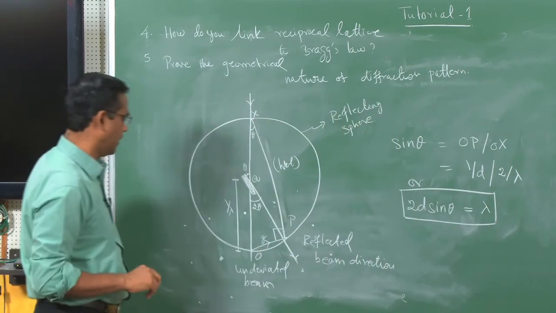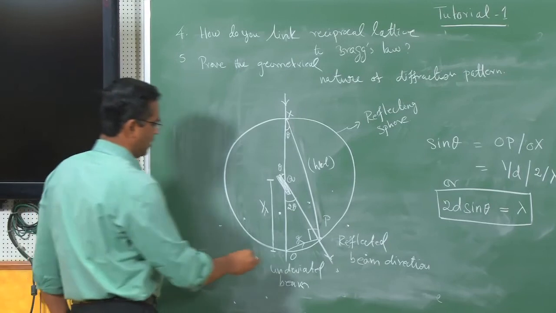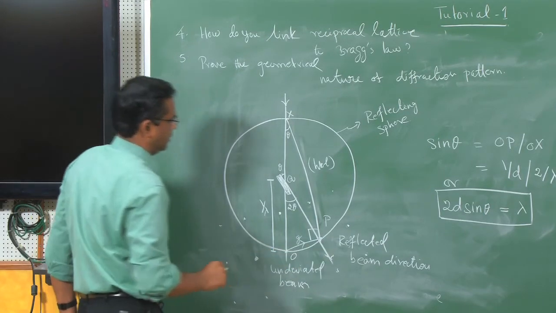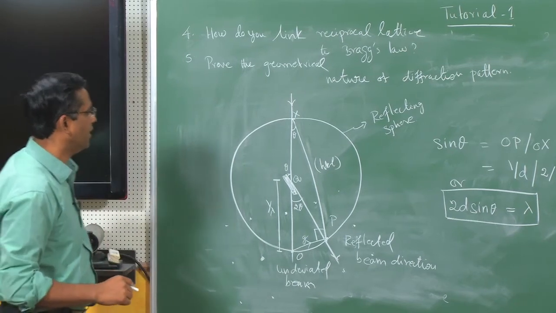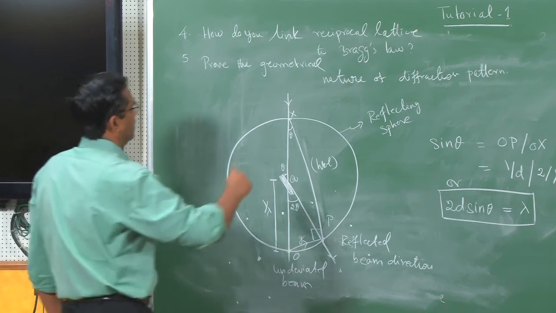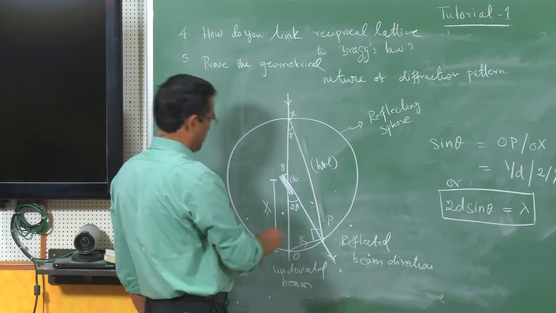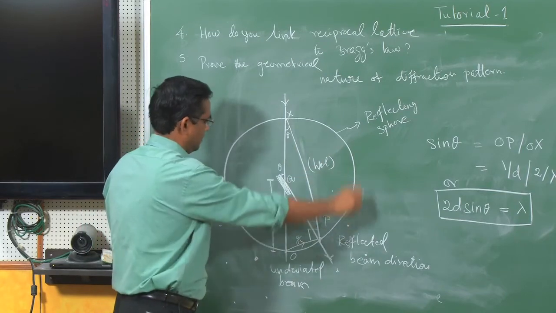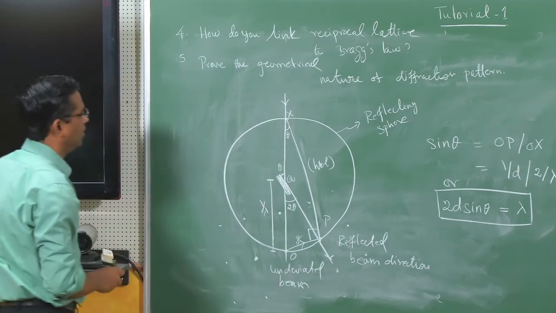So, what does it indicate? That means the Ewald sphere is a link between the reciprocal lattice, that is these points, and the Bragg law. So, what is Bragg law?